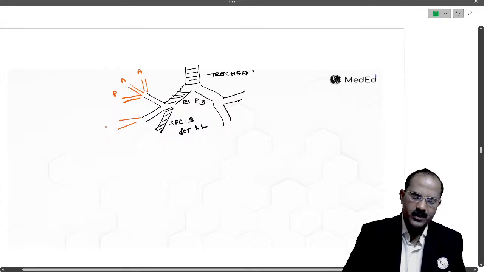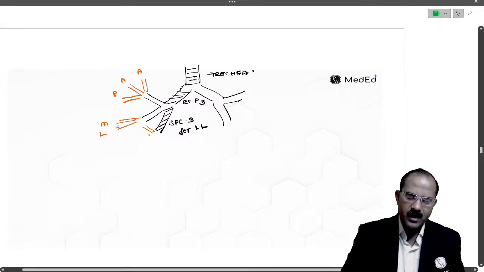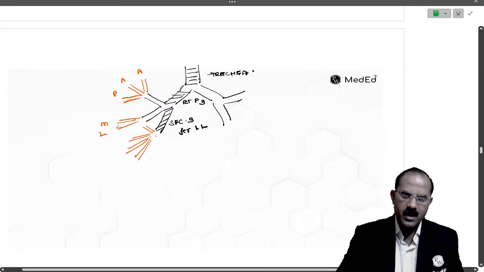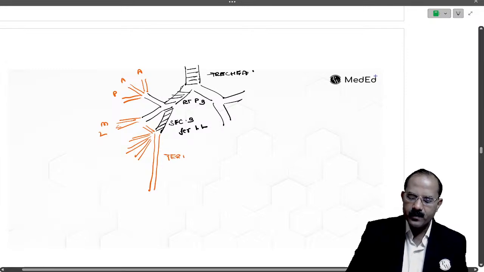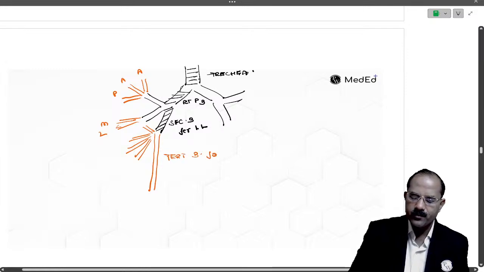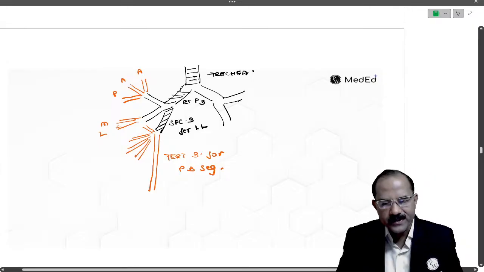This will give how many? 2. This is medial, lateral, and this will give 5 tertiary bronchus. Yes, apical, anterior basal, lateral basal, medial basal, and that's the tertiary bronchus for the posterior basal segment.